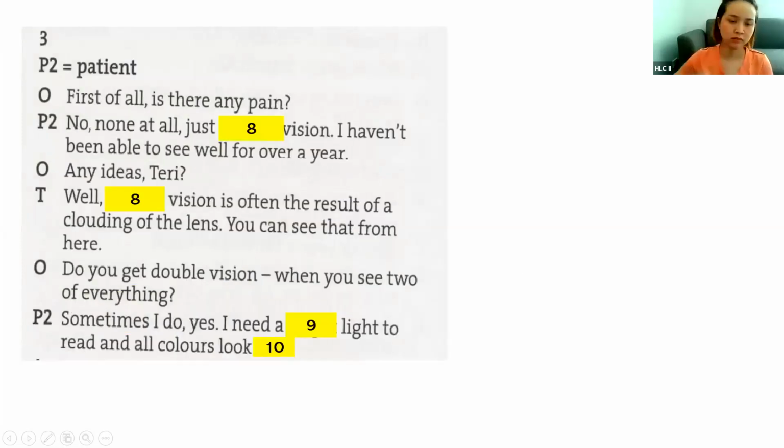First of all, is there any pain? No, none at all. Just blurred vision. I haven't been able to see well for over a year. Any ideas, Terry? Well, blurred vision is often the result of a clouding of the lens. You can see that from here. Do you get double vision when you see two of everything? Sometimes I do, yes. I need a bright light to read and all colours look dull.